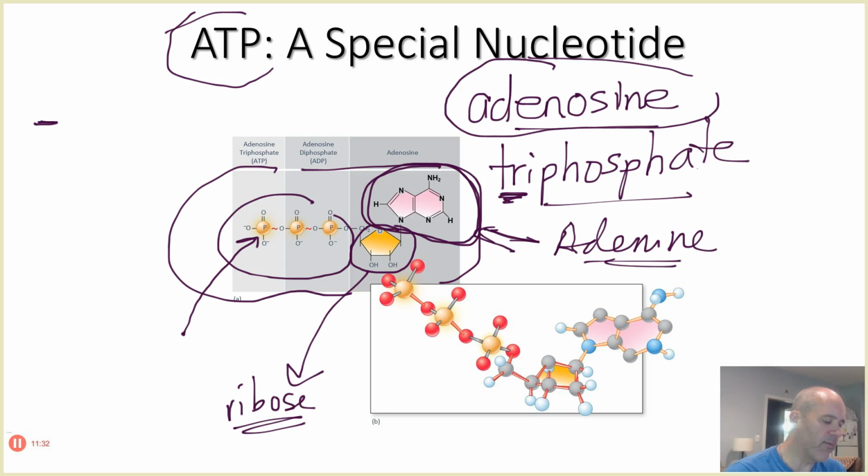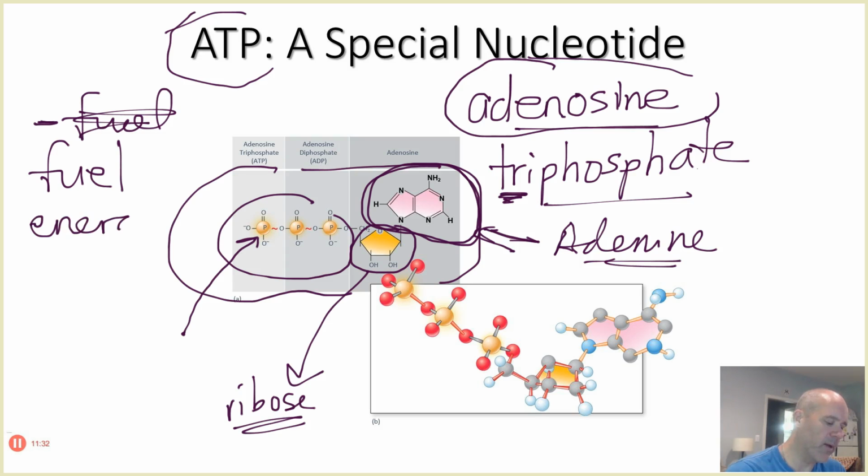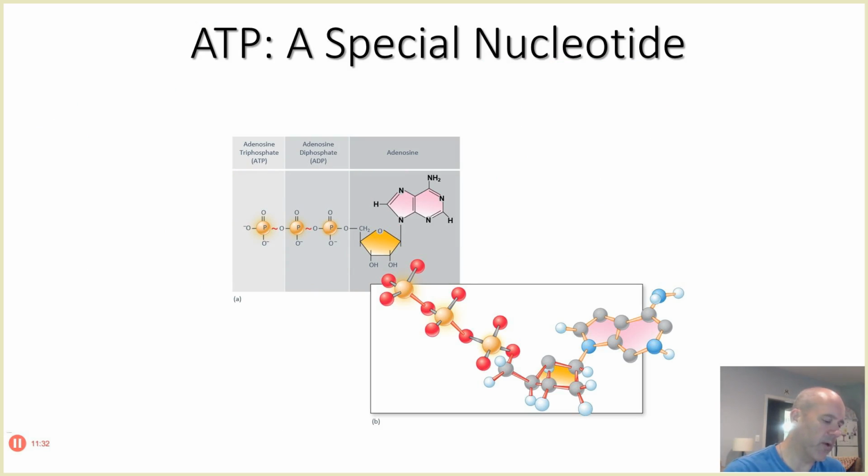ATP, this is the fuel or energy molecule for cells, their preferred fuel source. You talk about that in any biology class. There's energy stored. If you look here on the diagram right there and right there, they've got a little squiggly line that indicates that those are bonds that are broken by cells, and that gives off energy.